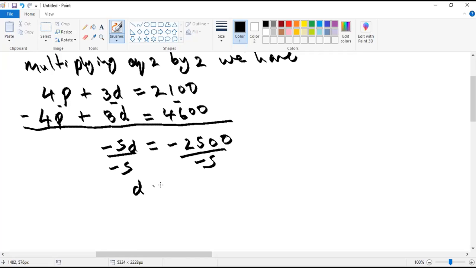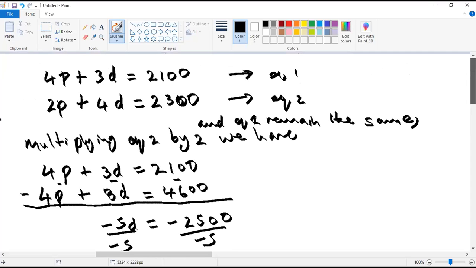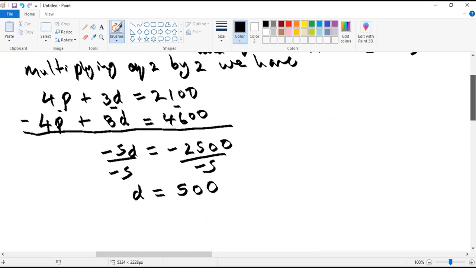We get D is equal to 500. Great. So D represents the dogs, and with D equal to 500, we can find what a parrot is worth. So I guess we can use equation 2, it doesn't really matter.